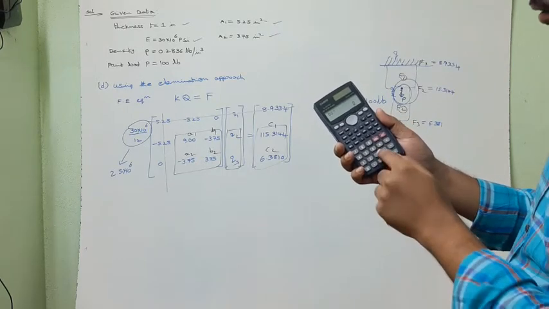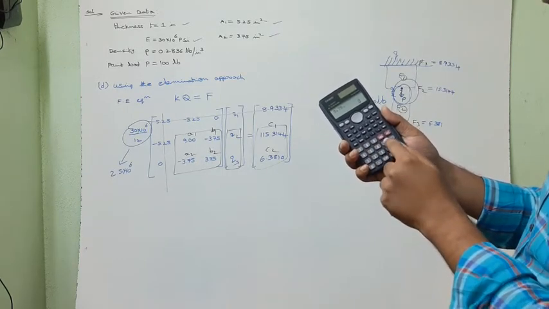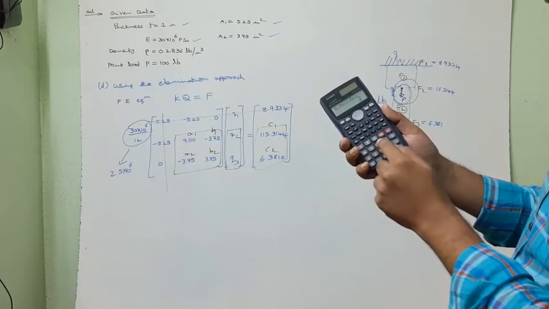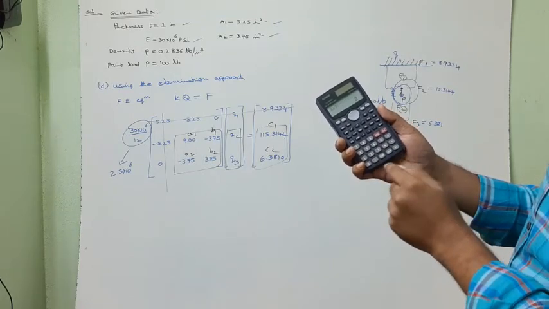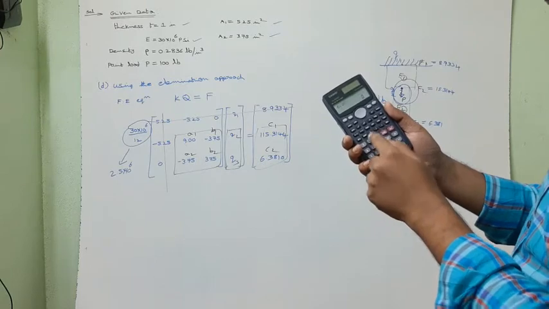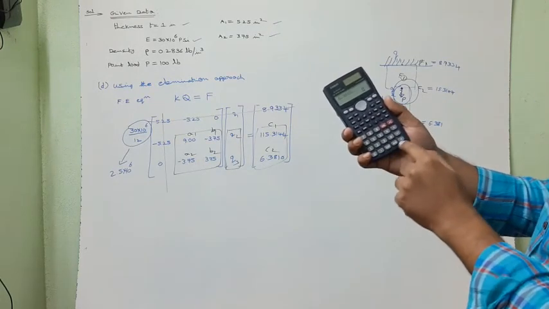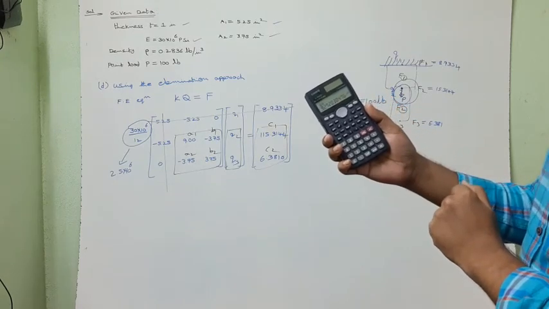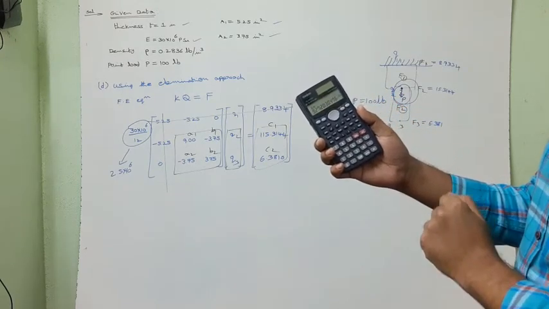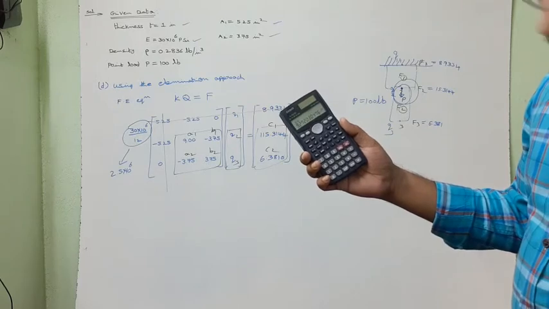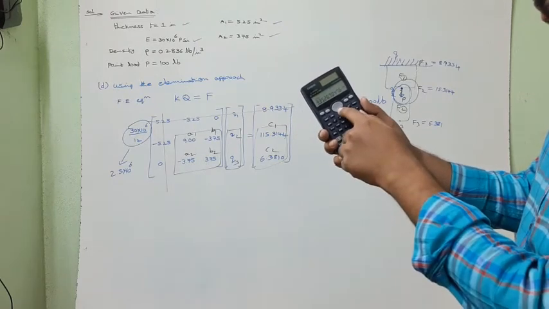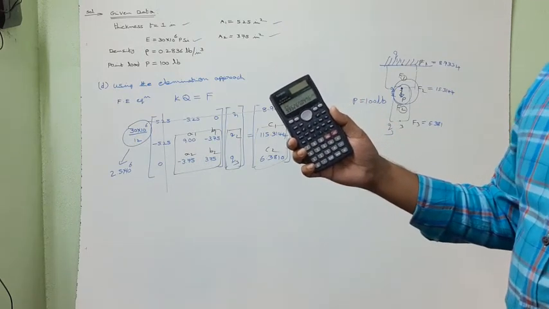What is the B2 value? 3.75 into 2.5 E6. What is the C2 value? 6.3810. That means first value is 9.2720 and second value is 9.95.